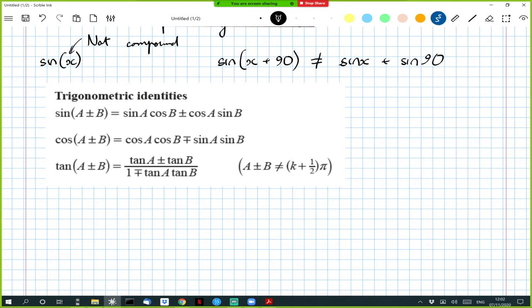So let's do a quick example. E.g., expand sine of theta minus pi over 2.